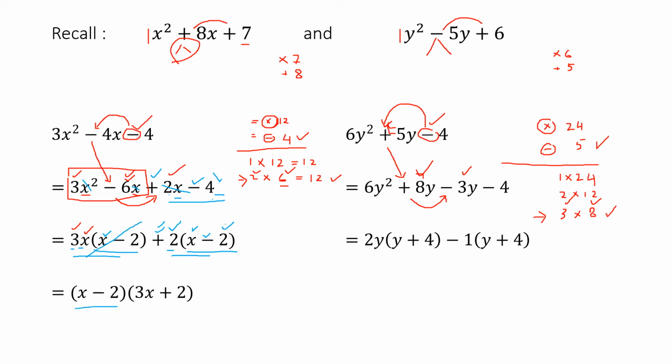In the first term we will be left with two factors, 3x and 2y, and in the last term only minus y will be left. We divide by x plus 4 because x plus 4 was common.